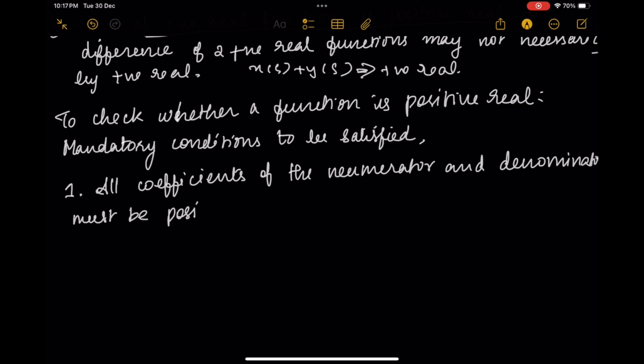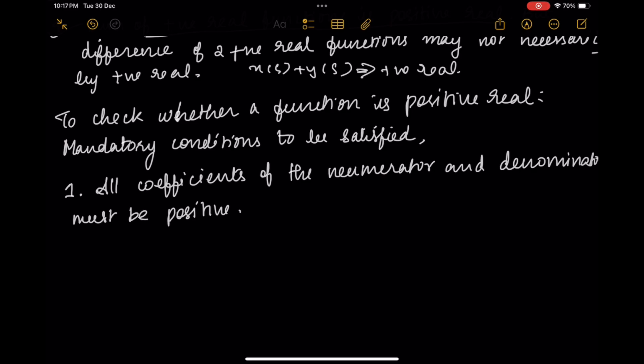Then only we could say it is Hurwitz. The first condition for a polynomial to be Hurwitz polynomial is that all the coefficients must be positive. So here also all the coefficients of numerator as well as denominator must be positive.